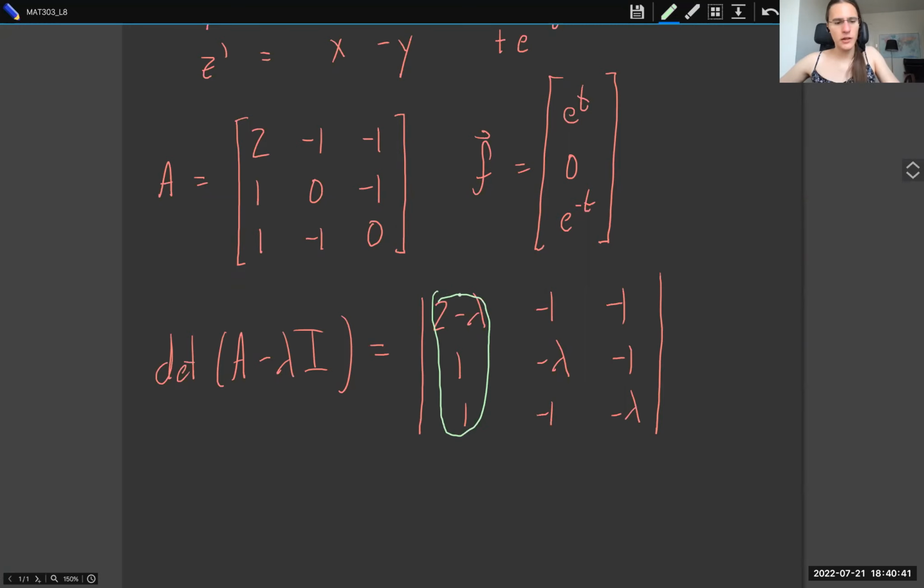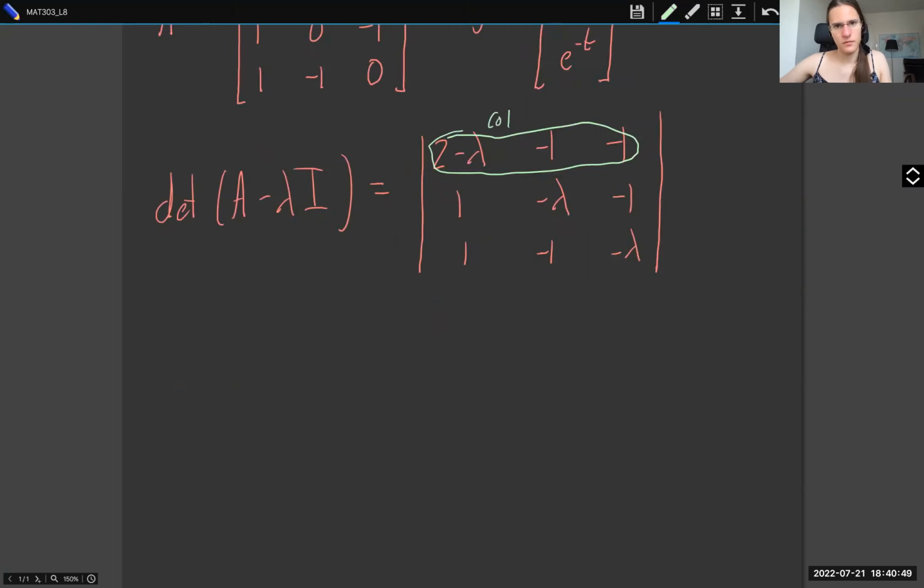You know what? Let's do it across the first row. That's what I have in my notes. And so this is going to be a bit of exercise in this teleportation technique. So we do 2 minus lambda, then we do the 2x2 matrix space there.